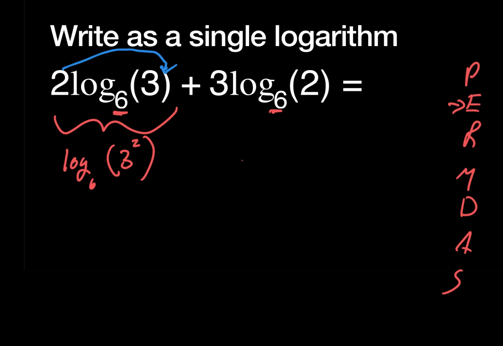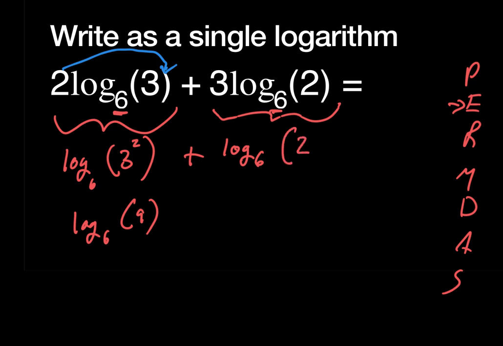So it's log base 6 of 3 squared, which will be log base 6 of 9. You can do the same thing with the other one. So we have plus log base 6 of 2 cubed. So this would be plus log base 6 of 8.